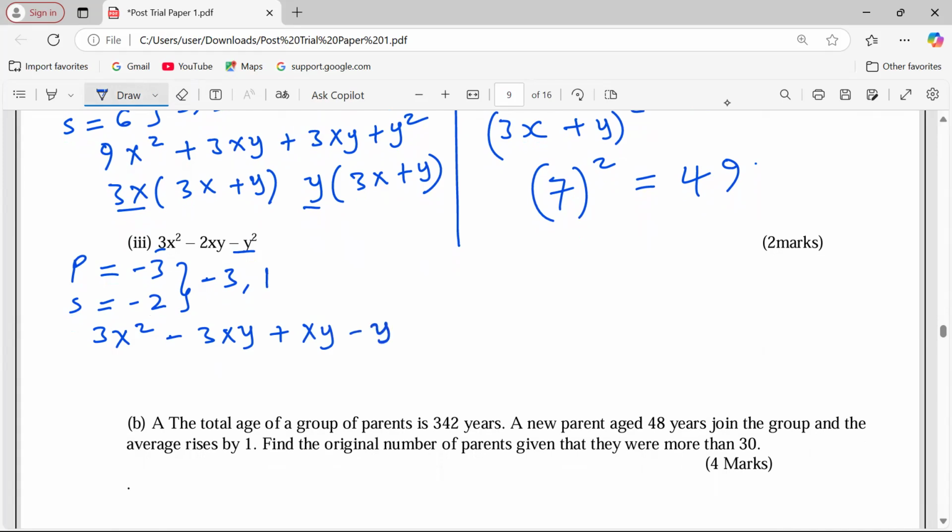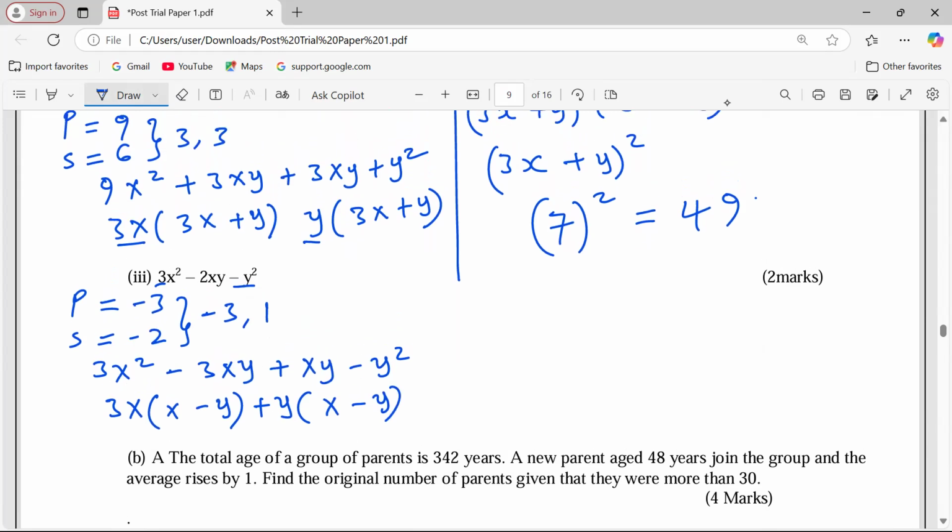Then minus y squared. From the first two terms, we factorize 3x, so we remain with x minus y. Then we factorize y from the last two, so we remain with x minus y. That means from the brackets we have x minus y, and outside the brackets we have 3x plus y.